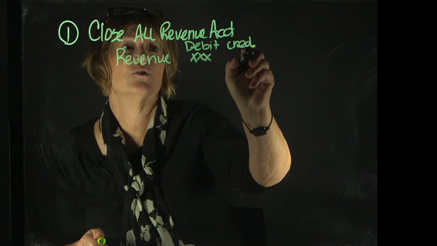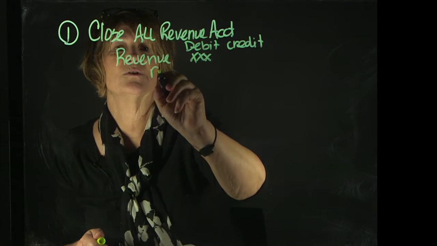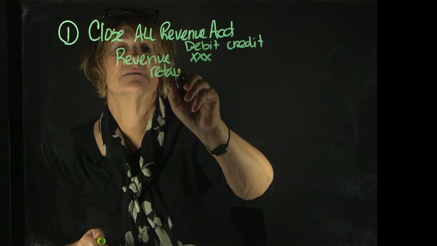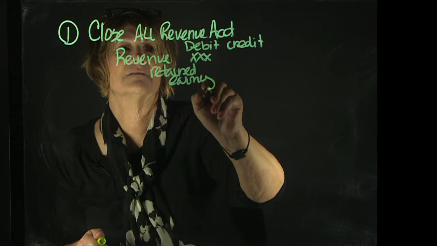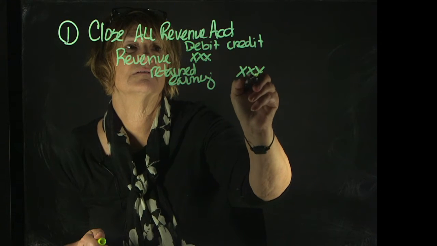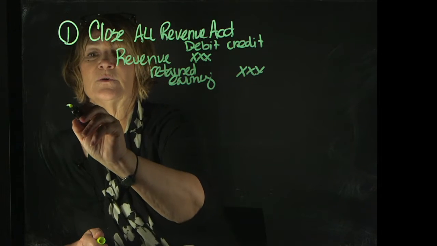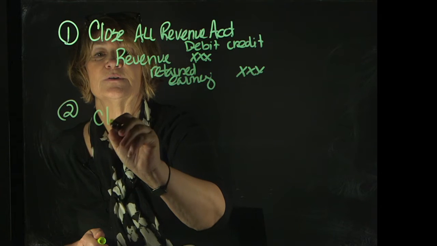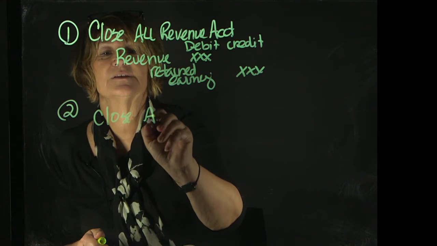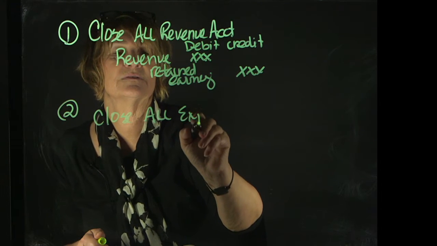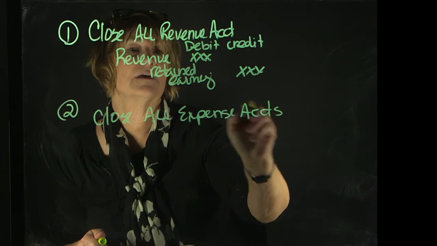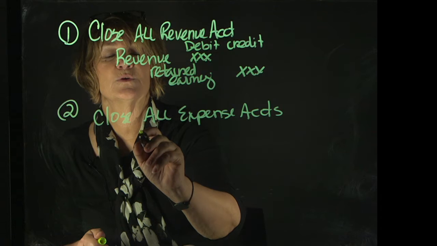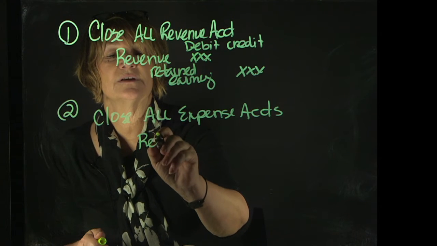And we're going to credit retained earnings. Okay. The second one we're going to do is we're going to close all expense accounts. And the way that we do that is we're going to debit retained earnings.